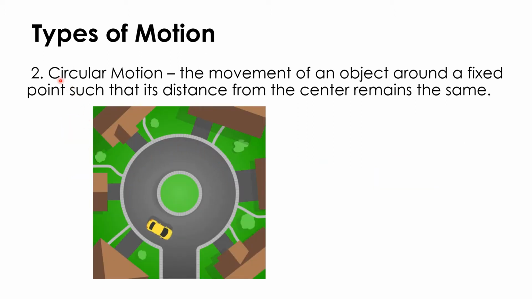Next is the circular motion. Look at the picture. The car is moving in a circular direction. The movement of an object around a fixed point such that its distance from the center remains the same. That is a circular motion.